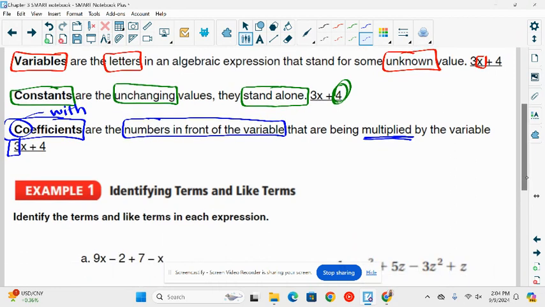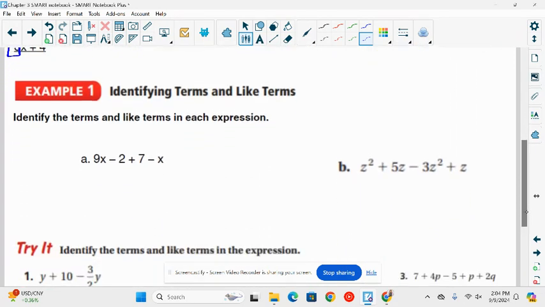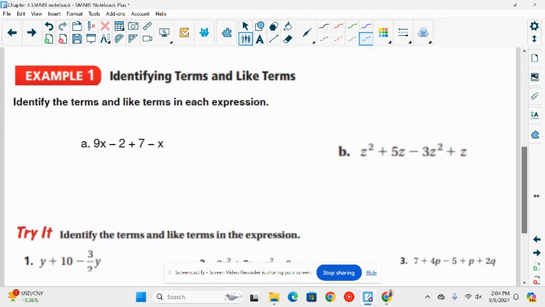Looking at example 1, we want to identify the terms and the like terms in the expressions. We're going to use colors to help us identify which ones are the same. I'm going to start with red, so everybody get your red colored pencil. The thing about like terms is you have to take the sign in front with it.